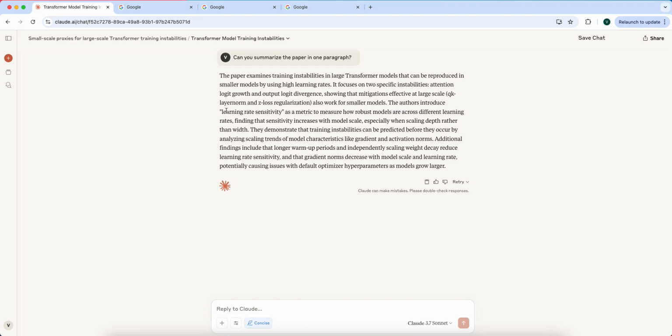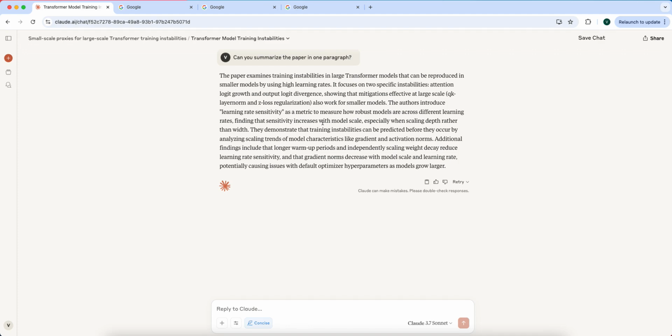The authors introduced learning rate sensitivity as a metric to measure how robust models are across different learning rates, finding that sensitivity increases with model scale, especially when scaling depth rather than width.